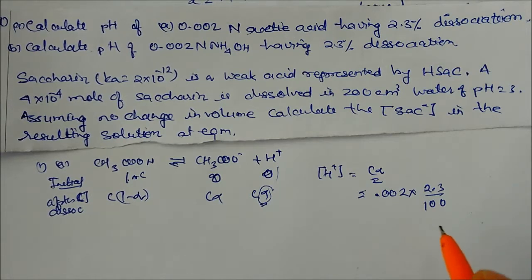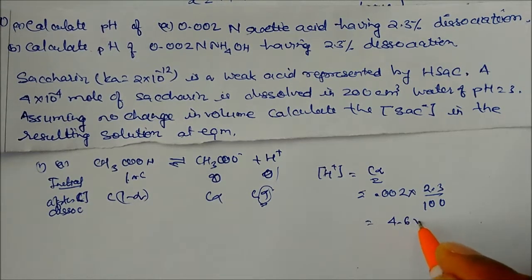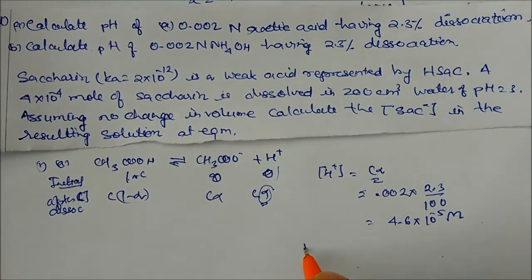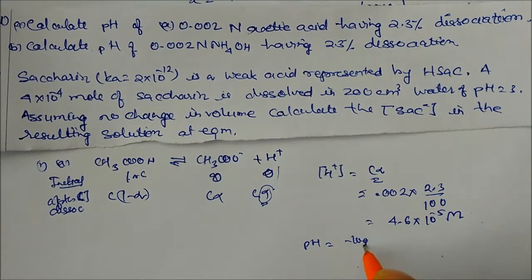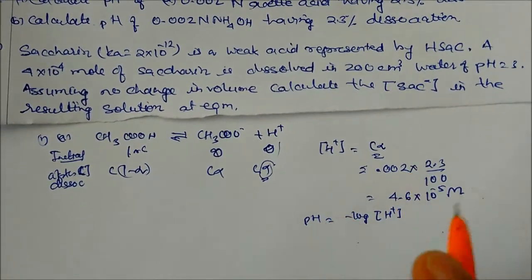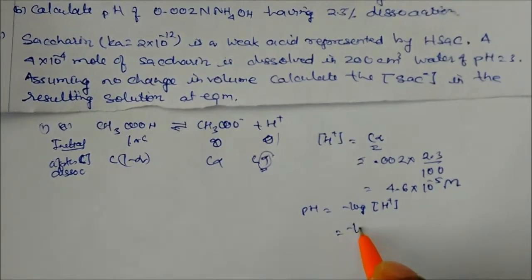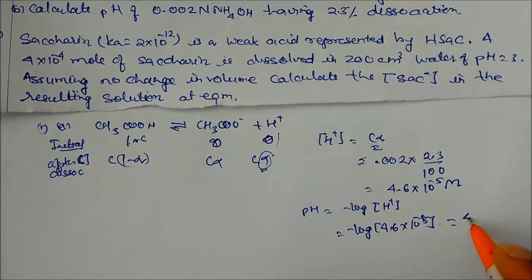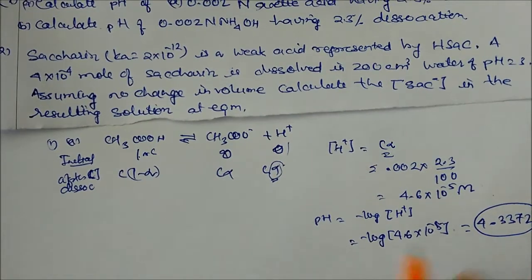Solving it, this is nothing but 4.6 into 10 to the power minus 5 molarity. pH is equal to minus log of H plus concentration, which is minus log of 4.6 into 10 to the power minus 5. So here we get the answer 4.3372. This is the pH of the weak acid.